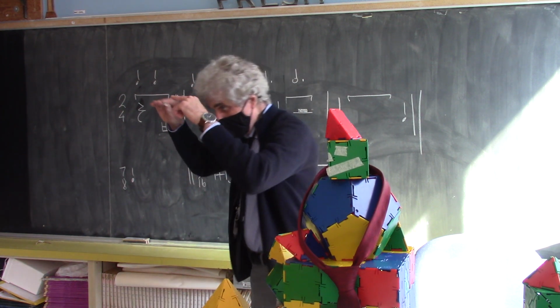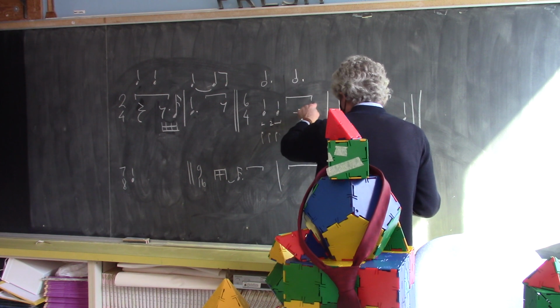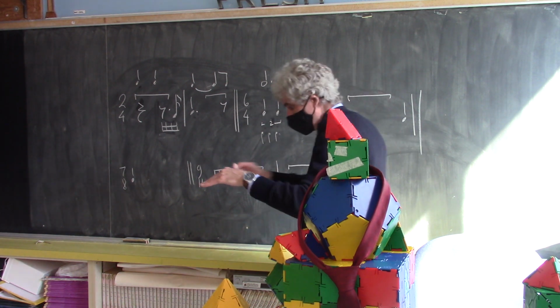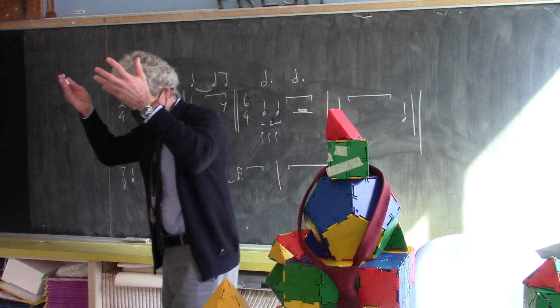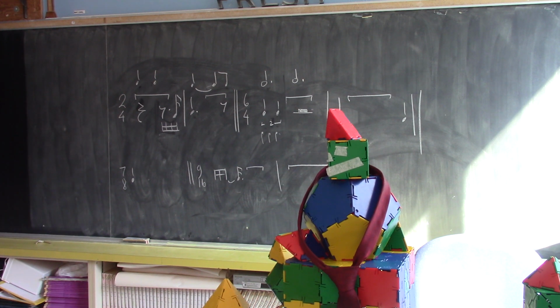Okay, make sure there's empty space here, so I can tell that it's sitting on the line, not hanging from the top. All right, and the dot is in the space.